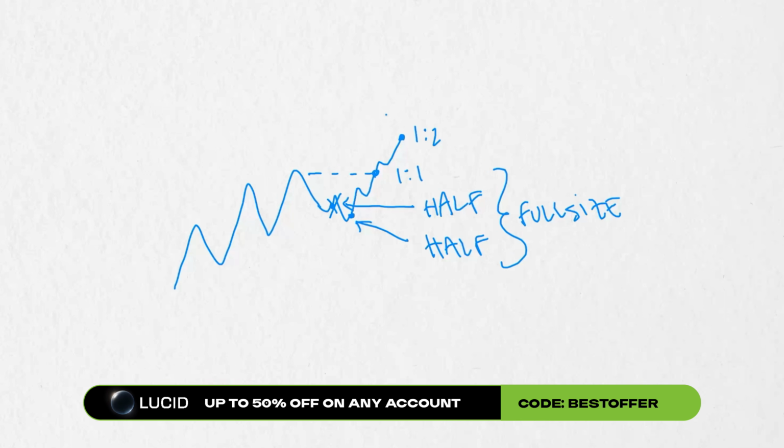And if you are asking yourself if I'm a 1-to-1 guy, yes, I am. I think that 1-to-1 risk reward is the best. Everything you can take more than 1-to-1 is just cream. It's just the best you can get, but you can still aim for 1-to-1 and be pretty good.